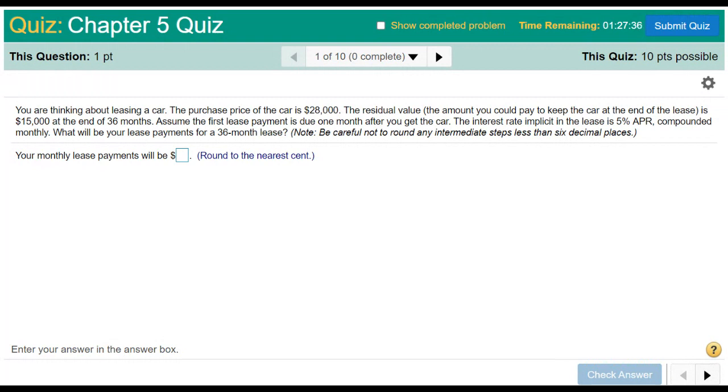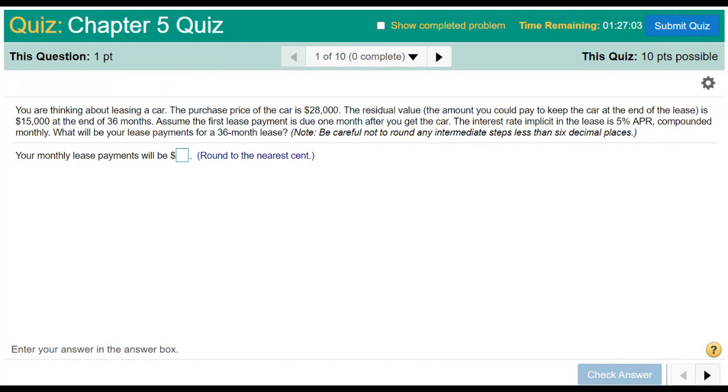So we're going to get the present value of the $15,000. N equals 36. IY equals 5 divided by 12, because we converted these 3 years into months. So we have to do the same thing with the interest, so this and this have to correspond.